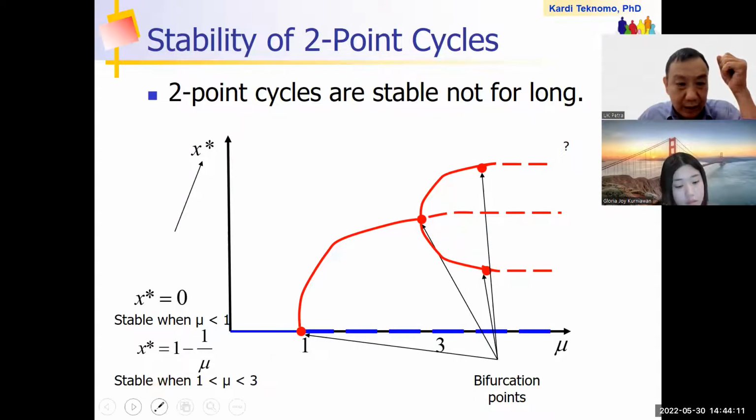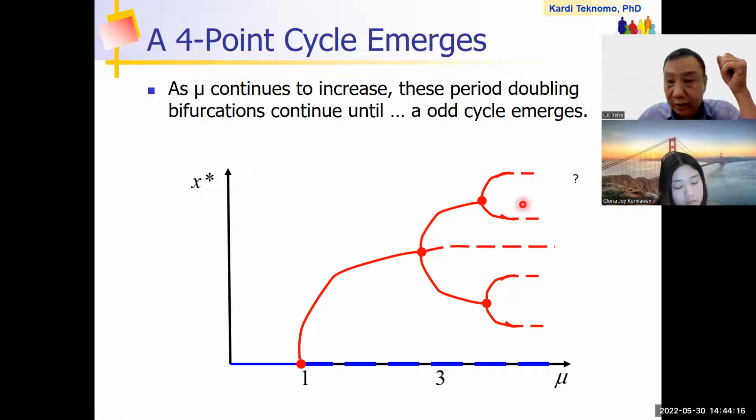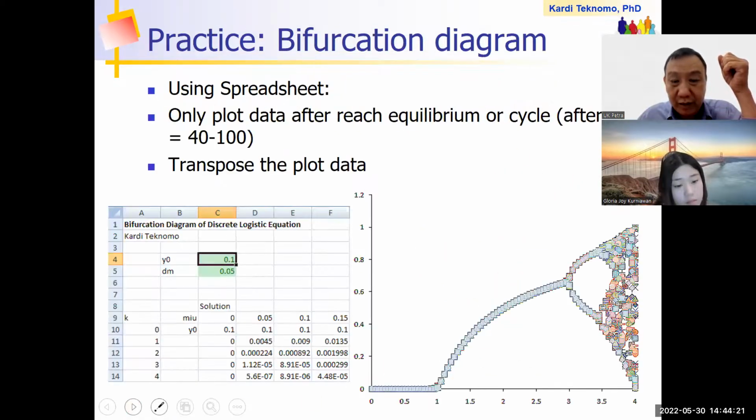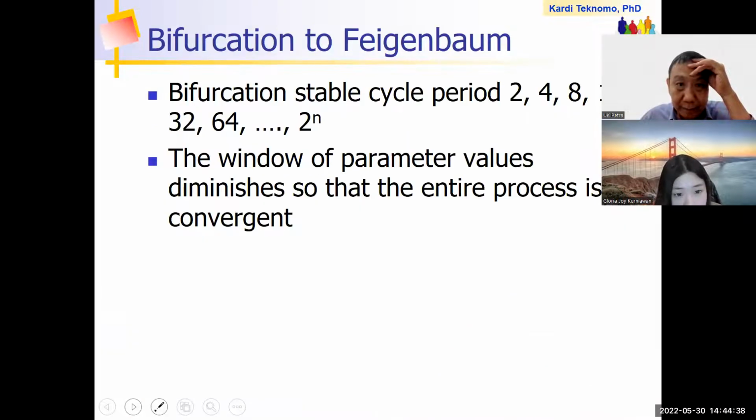And then from two cycles, you have four cycles, and then eight cycles, and so on. So the number of cycles eventually becomes infinite. As you increase the parameter, you will see the number of cycles increase. So say from 2 to 4, 8, 16, and so on.